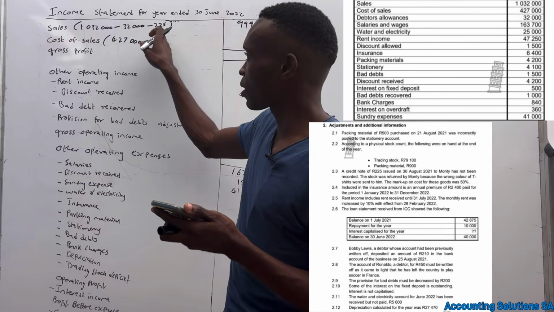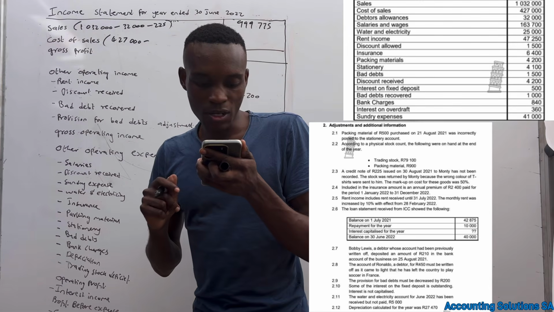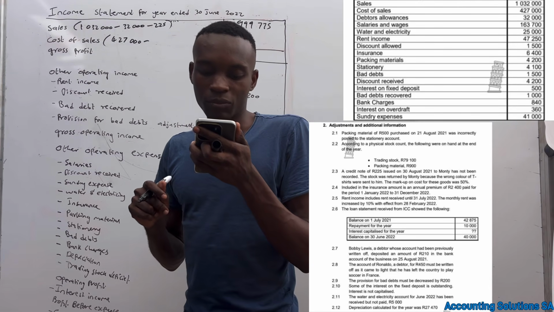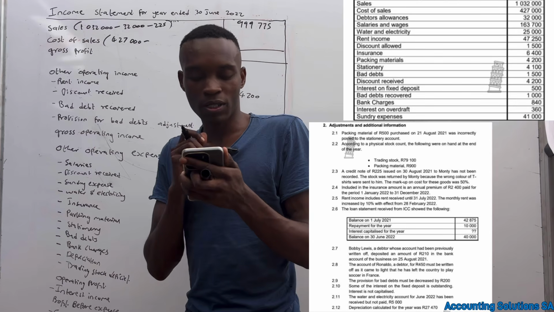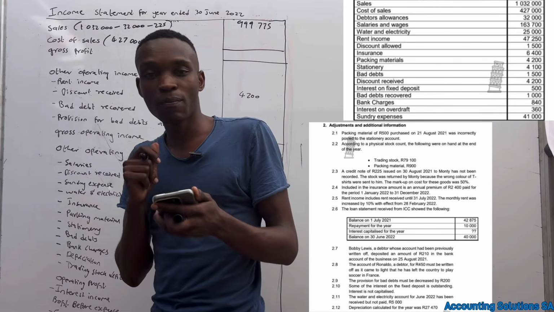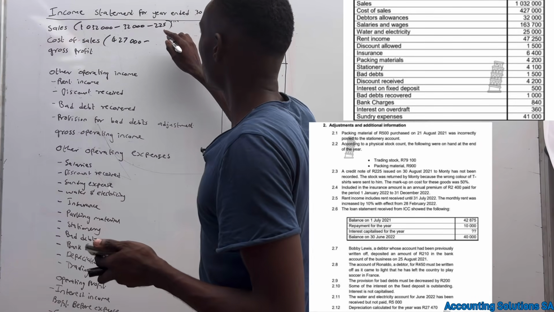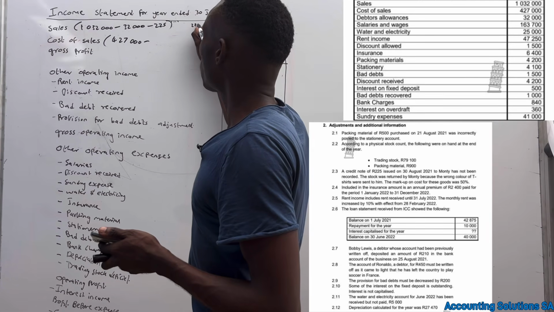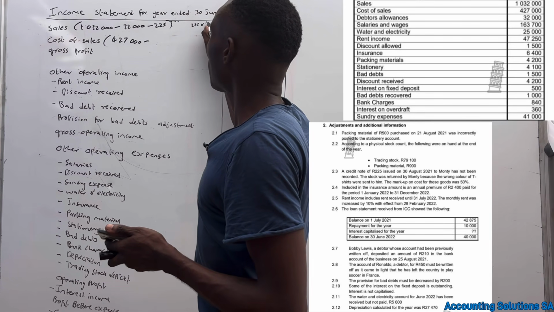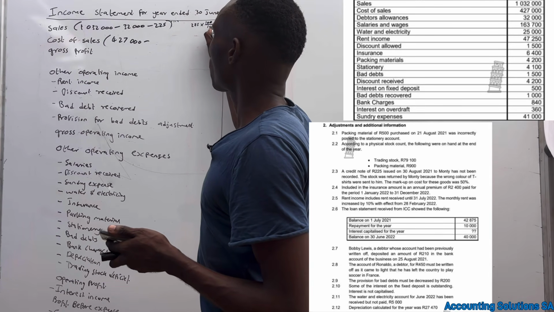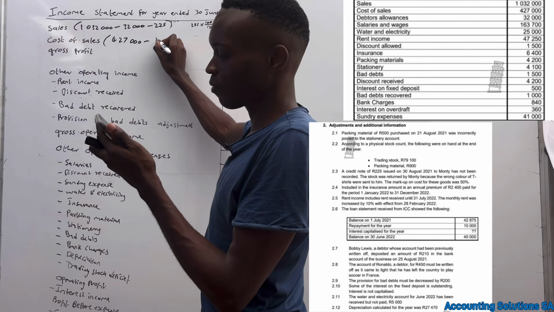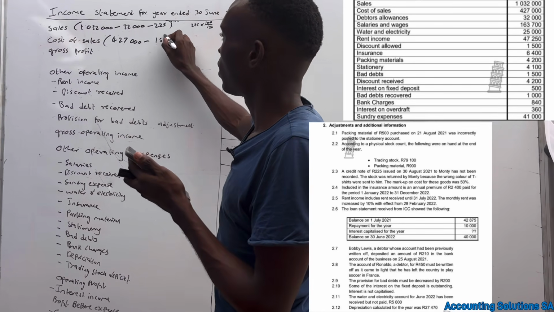It's on selling price 225. If you read, they said that the markup on cost under 2.3 was 50%, which means that we have to say 225 multiplied by 100 out of 150, which gives you 150.